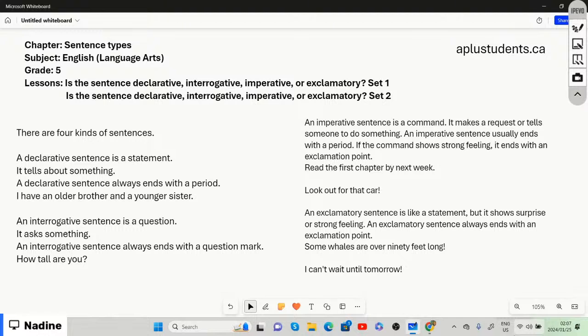We're doing set 1 as well as set 2, so we're doing 2 sets of the same lesson. We're going to find out which of those sentences it is, and also what a declarative, interrogative, imperative, or exclamatory sentence is. That is what we're going to be finding out today under our chapter of sentence types.